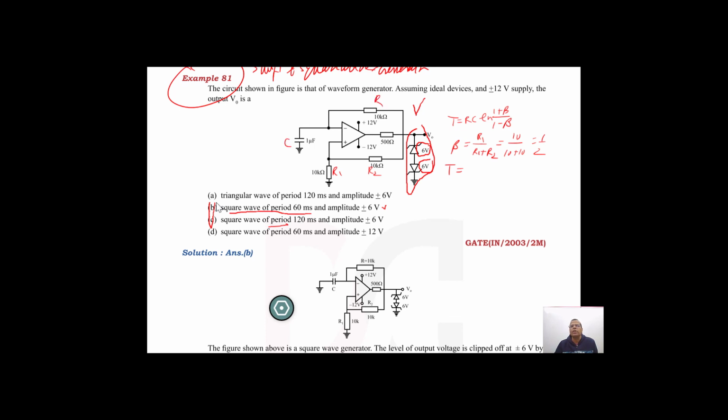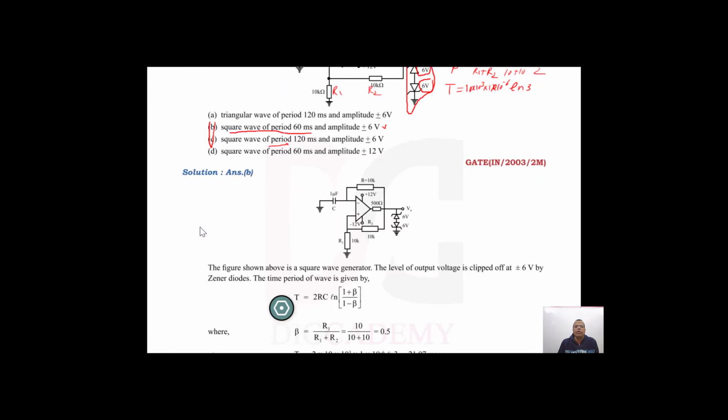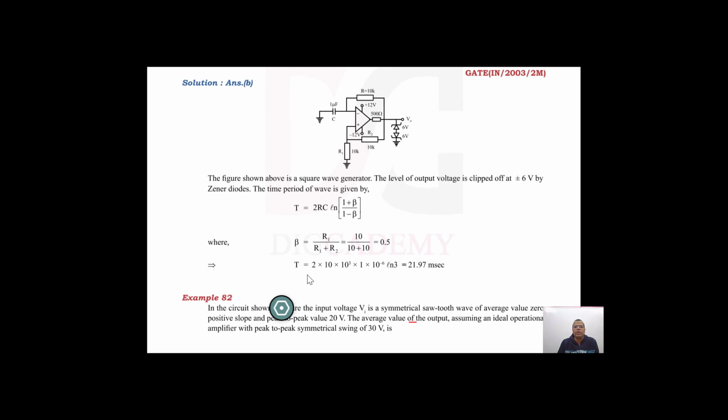So this is 10 kilo ohm, that is 10 to the power 3, into 1 microfarad, so 1 into 10 to the power minus 6, into ln of how much? That is 3 there. So you are able to calculate the value of the period, and that comes out to be 21.97 microseconds. So that is the example which appeared on a square wave generator.